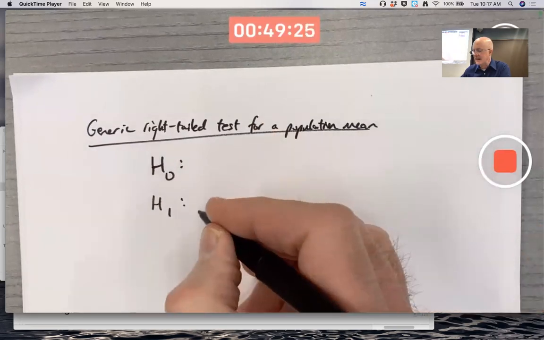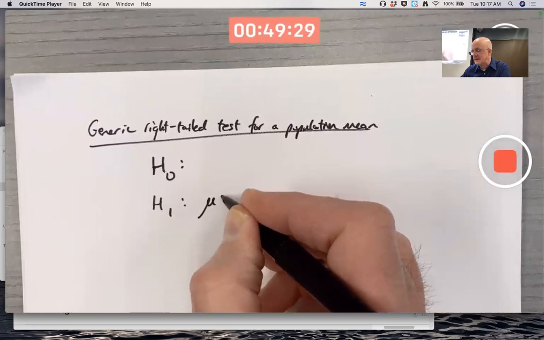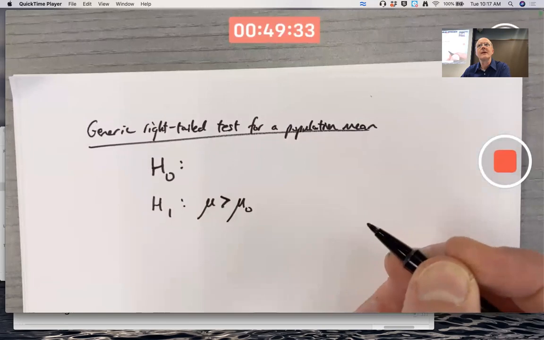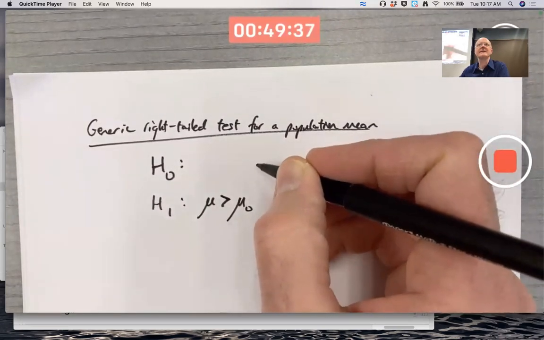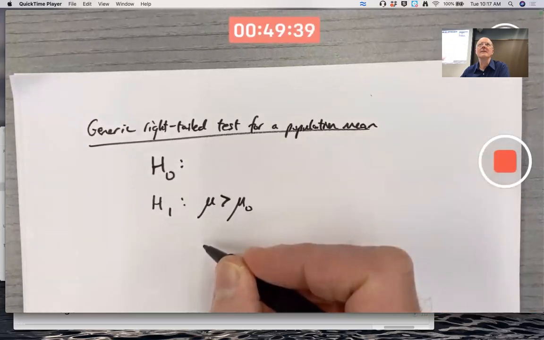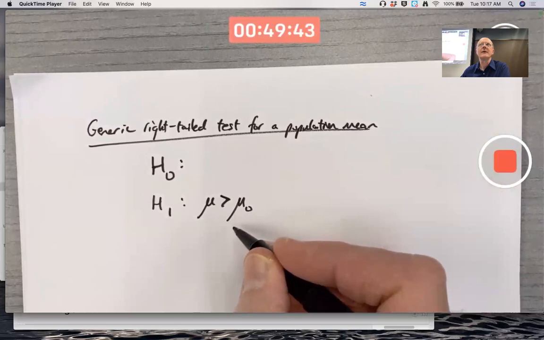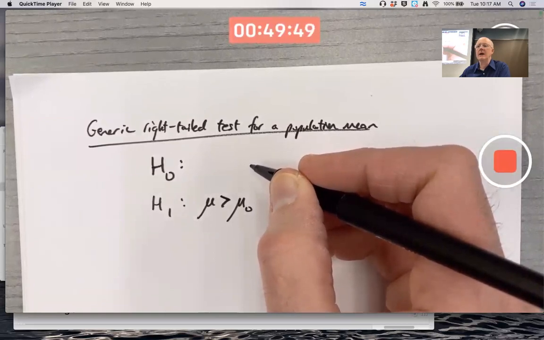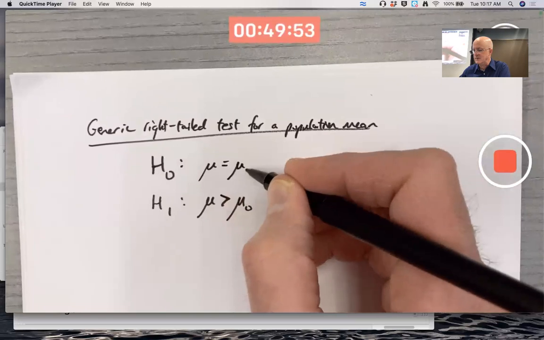And if it's a right-tailed test, it's that mu is bigger than some number, mu sub 0, say. Technically speaking, you could argue that the null hypothesis is the complement of that. If the alternative is that mu is bigger than mu 0, then the null would be that mu is less than or equal to mu 0. However, we almost always keep the null hypothesis as a simple hypothesis, mu equals the null value, mu 0.